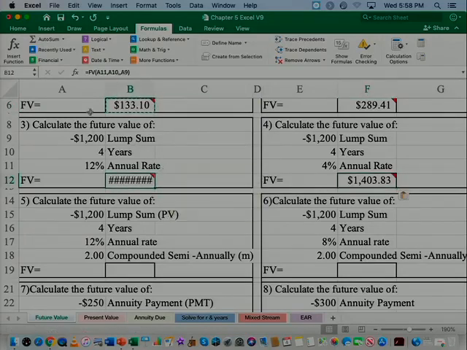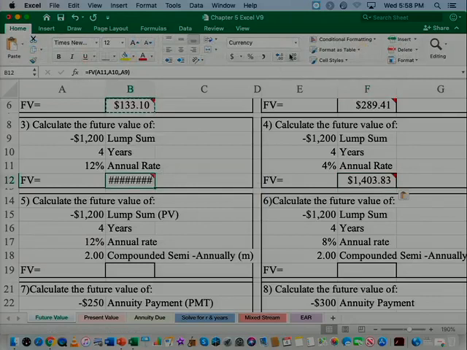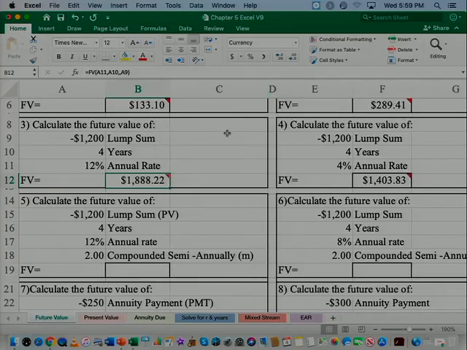If you get all these hashtags, you might have too many places after the decimal, so if you format it to 2 places, you could also just widen the column. So for 3 and 4, 1888 and 1403 would be the answers for those 2 lump sums. So it's not bad. You put in $1,200, and in 4 years at 12%, it turns to $1,888.